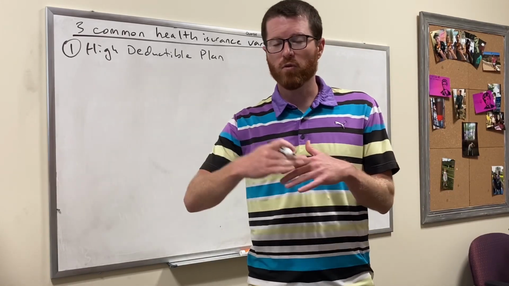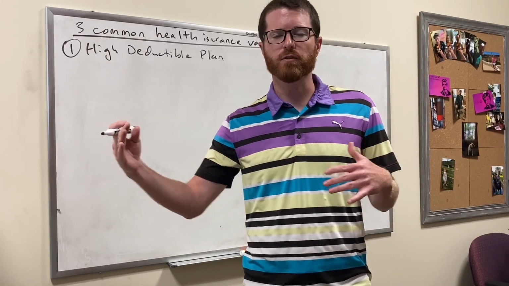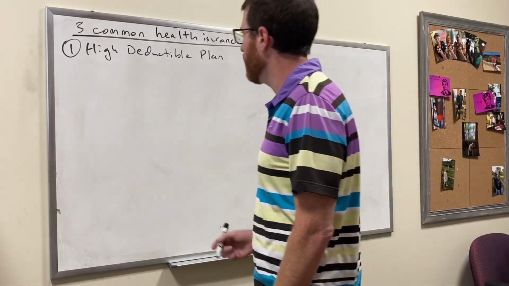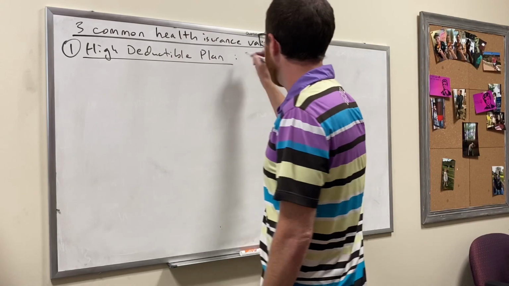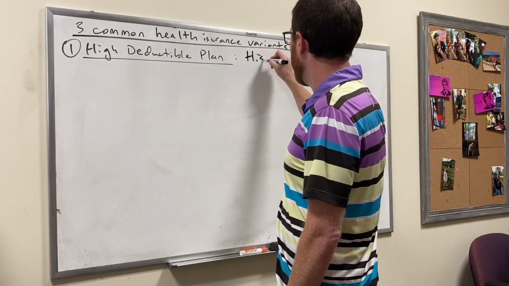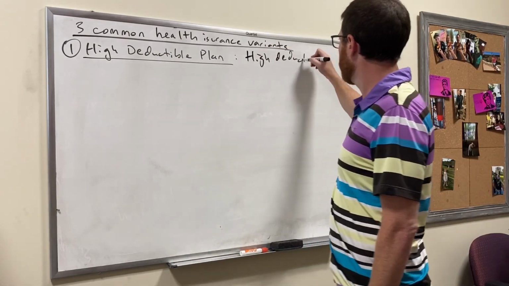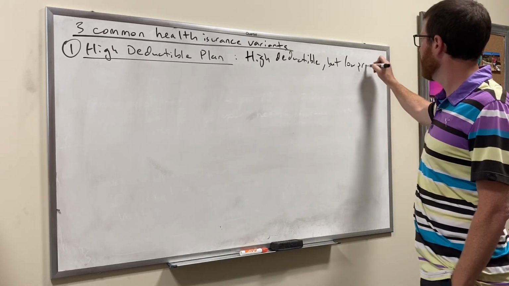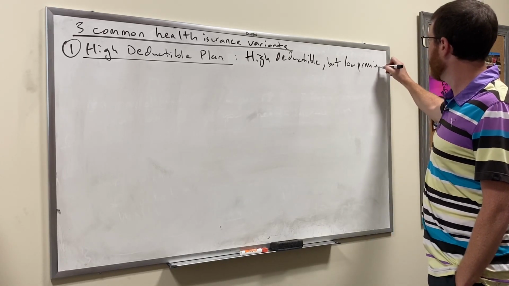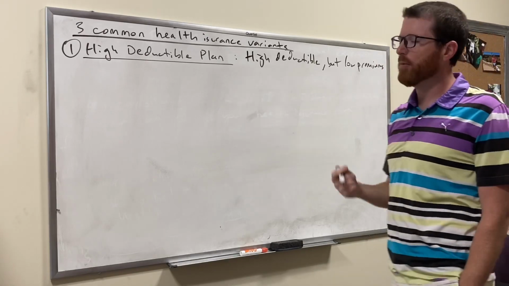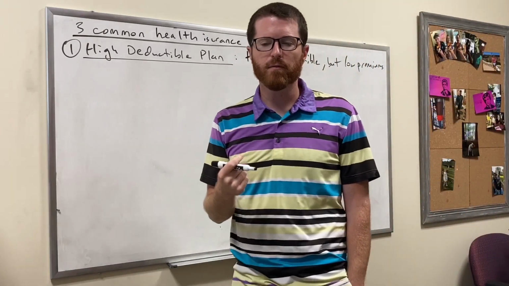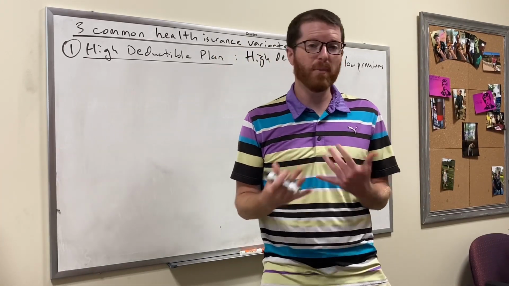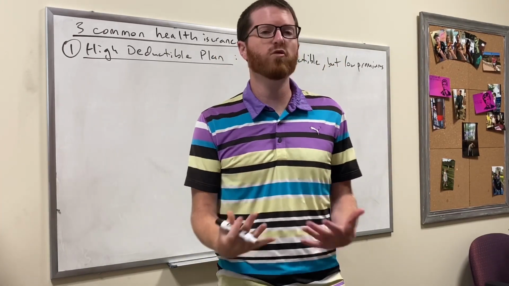It takes quite a bit of spending before your insurer starts to pay. So for a high deductible plan, what's typical is you get a high deductible, of course, which is bad, but low premiums, which is good. So in terms of your guaranteed spending, how much you're going to have to pay for premiums, it's going to be low. So this is often thought of as being the best plan for people that are healthy, and it usually is.